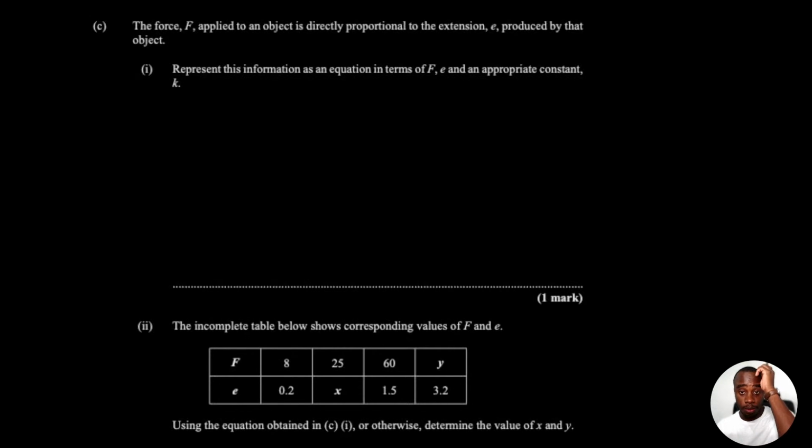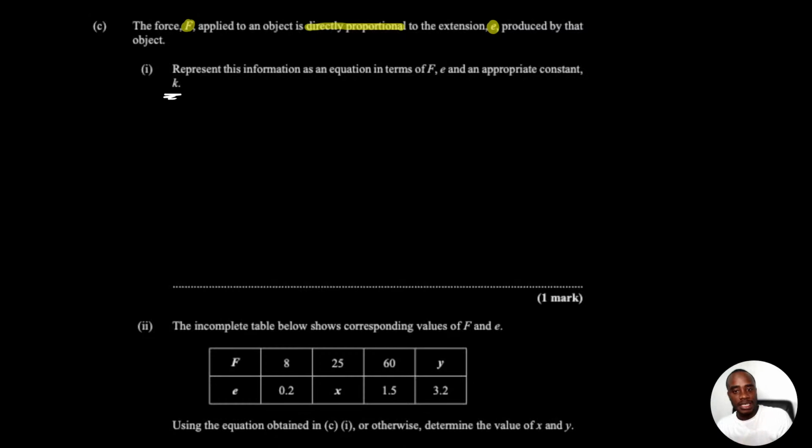When we said directly proportional, we know we can come up with that one where we have that constant K. First, we need to identify what is proportional. It says F applied to an object is directly proportional to the extension E. So F is directly proportional to the extension E. In other words, the more force you apply, the more it extends. And I think my physics students know what we're talking about here. So they know which law this is.